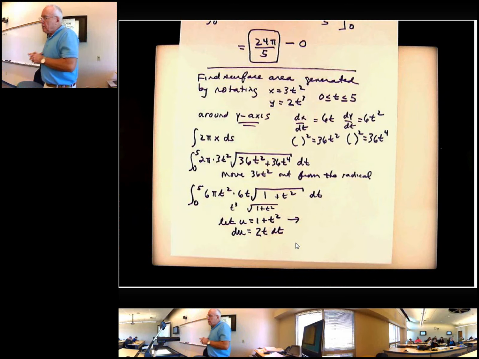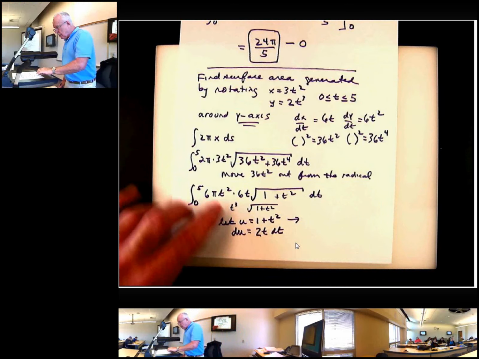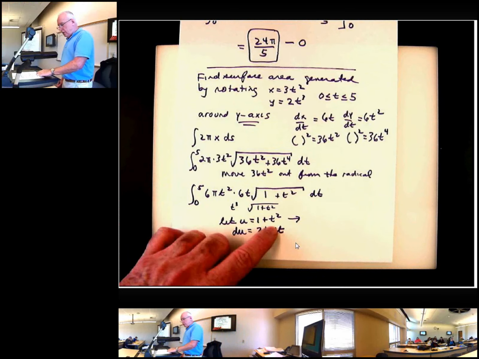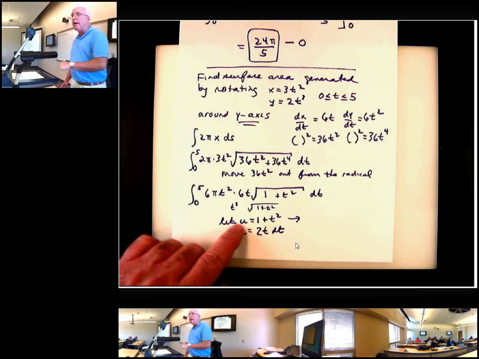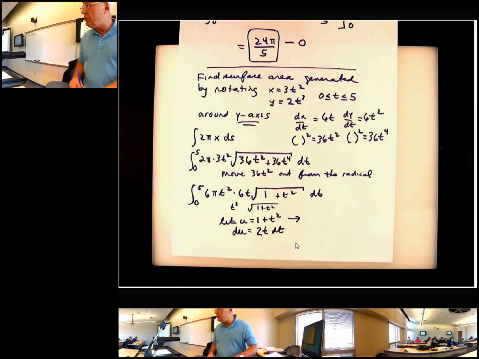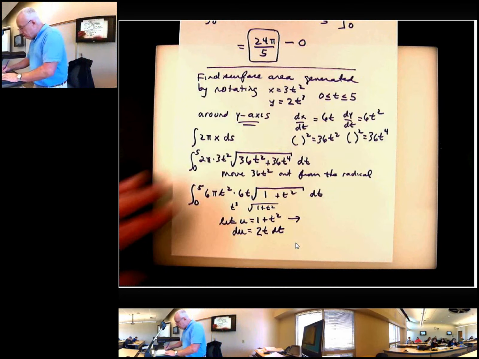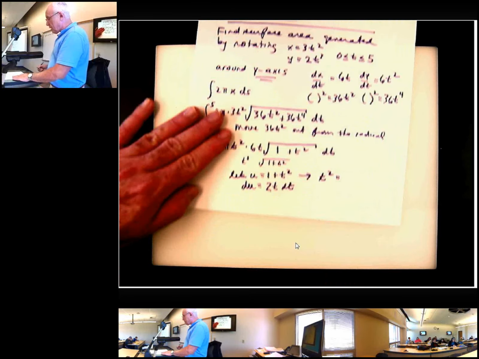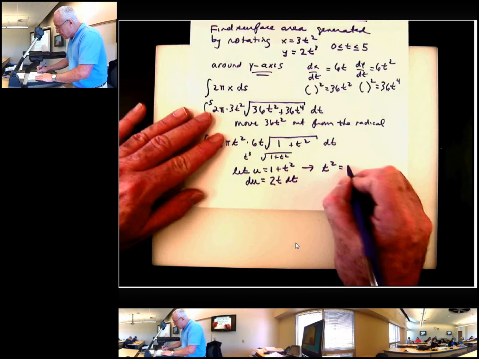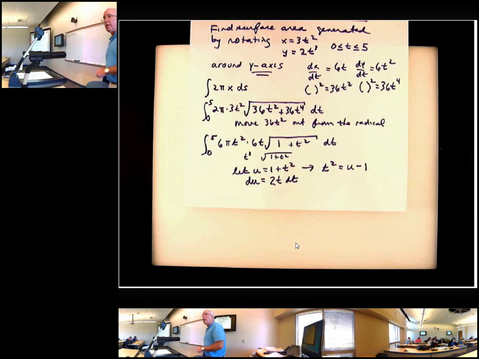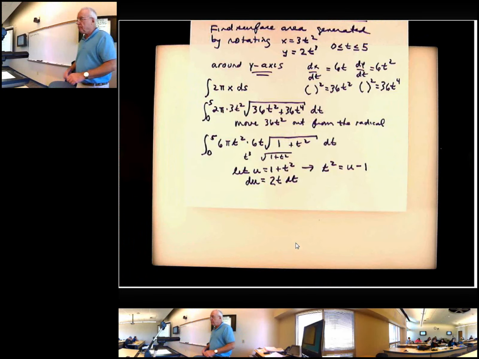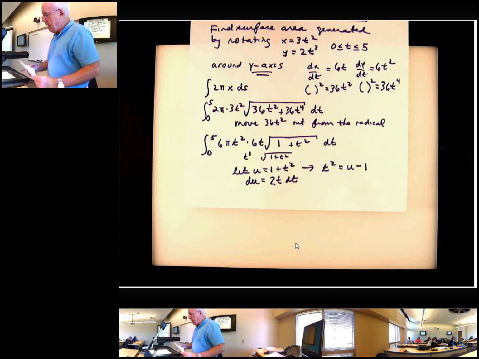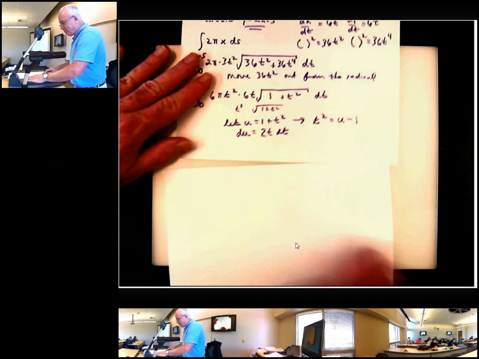All right, but if you look up here, it might be real helpful to rewrite that u equation, noticing that if I subtract 1 from both sides, t squared is also equal to u minus 1. Okay? And that's going to be real helpful, believe it or not.